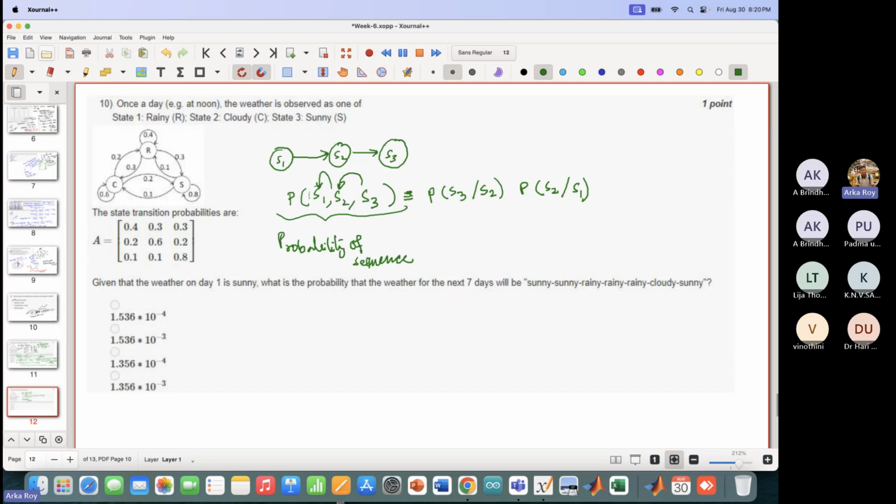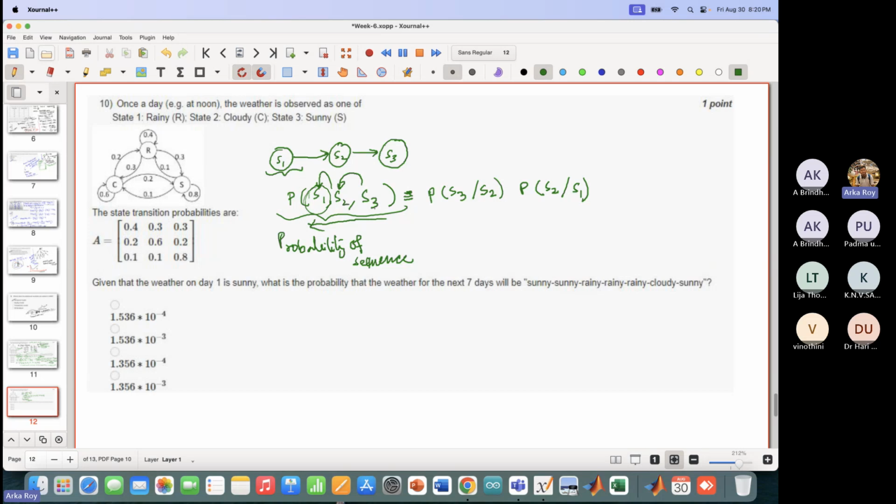Then we start from the right hand side and go to the left hand side. When we reach the last one, we consider that the sequence has started with this particular state. Here the states S1, S2, S3 have started from S1. So we consider the occurrence of S1, because as S1 has occurred, it generated S2, then it generated S3.